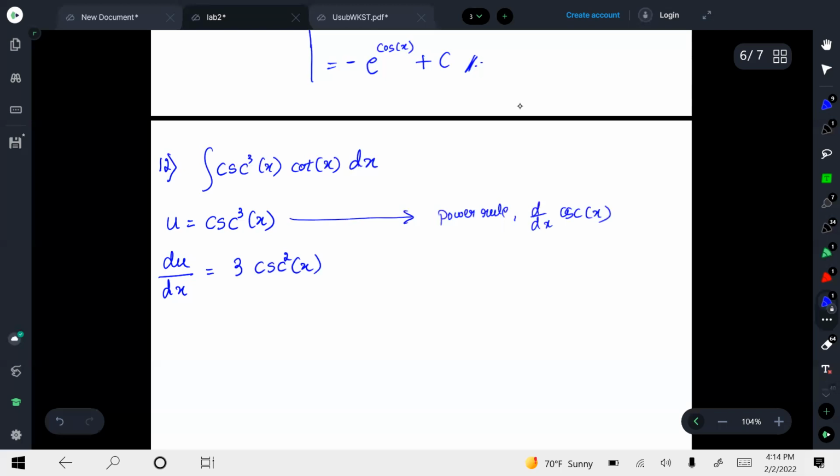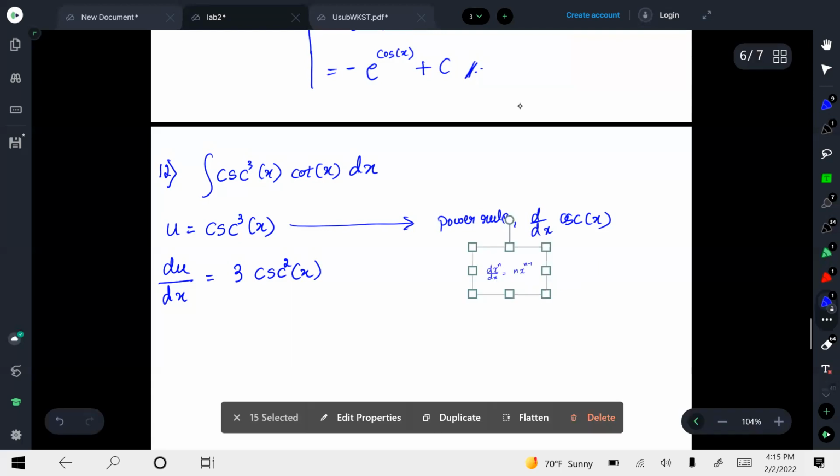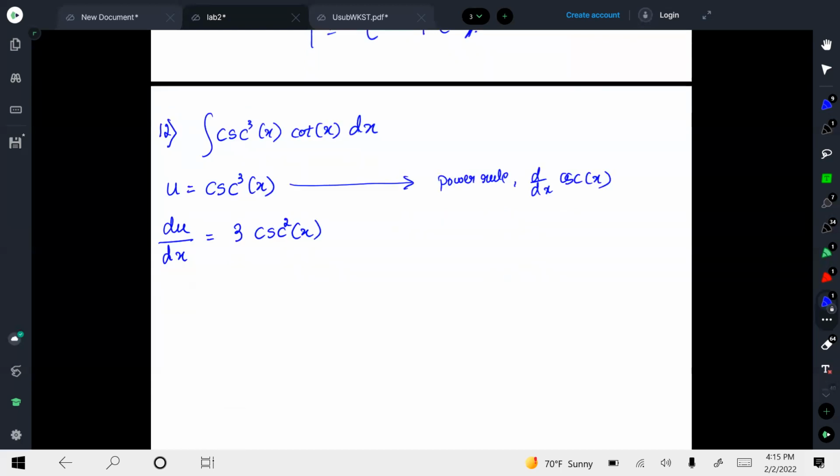Now when I apply the power rule, the derivative of x to the power of n becomes n x to the power of n minus 1. That's the formula for the derivative of x to the power of n.